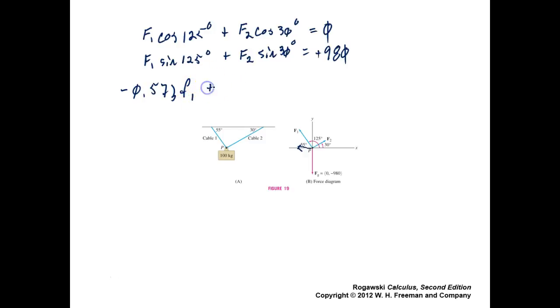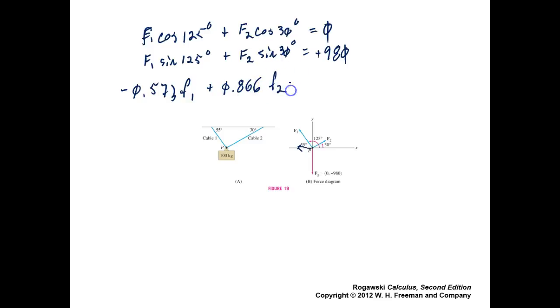Okay, plus cosine 30, it's more familiar, what's that one? Say again? A little louder. Oh, square root of 3 over 2. Yeah, you're absolutely right, but let's give me a decimal number. 0.866. That one should be pretty familiar to you.